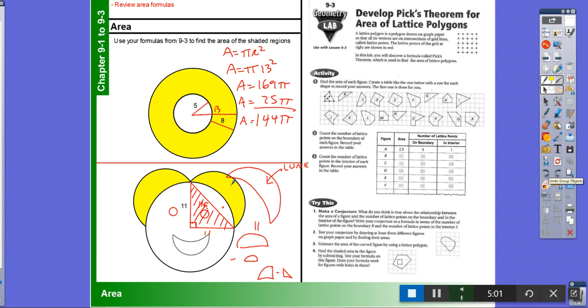So this area matches this area. And I have two of them, don't I? So the area of this triangle will be 11 times 11. That's 121 divided by 2. But I have two of them, don't I? So really, the area of both of these combined would be 121 units squared.